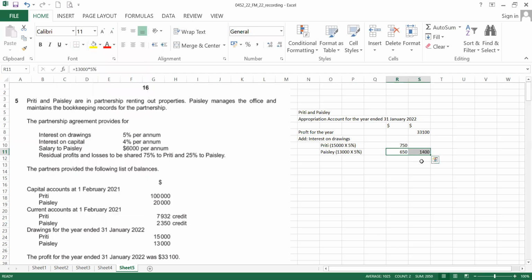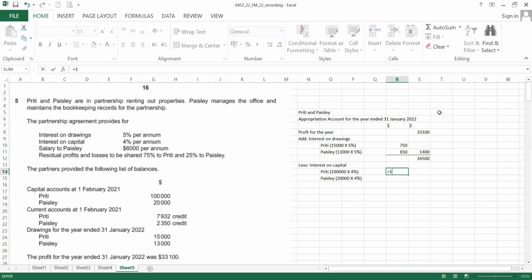1,004. Okay, plus the profit. Now we less the interest on capital. So what is the interest on capital? For Pretty, capital amount 100,000 times 4%, and then 20,000 times 4%.